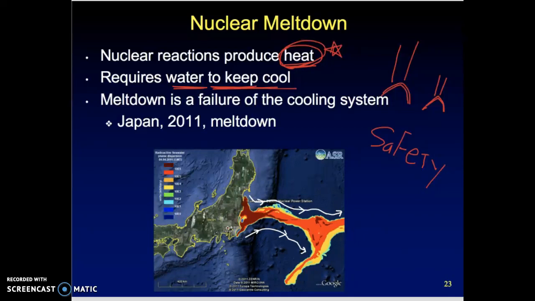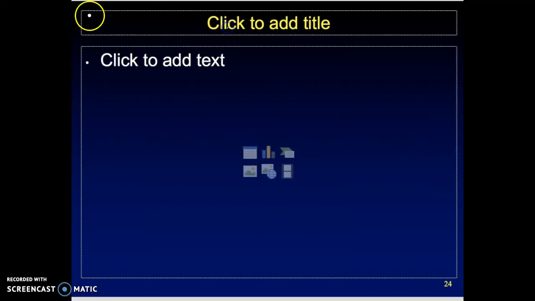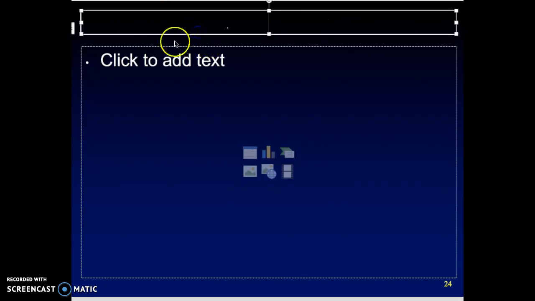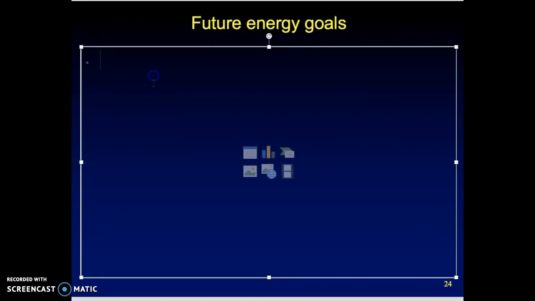So ultimately, the challenge here is to figure out how we decrease our reliance on these traditional energy sources. Let me get in here so I can fill this out for us. Future energy goals is what we're looking at here.